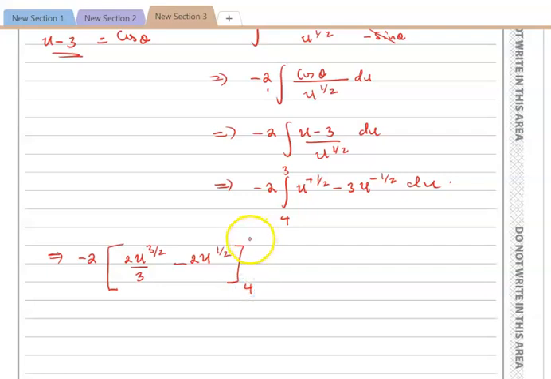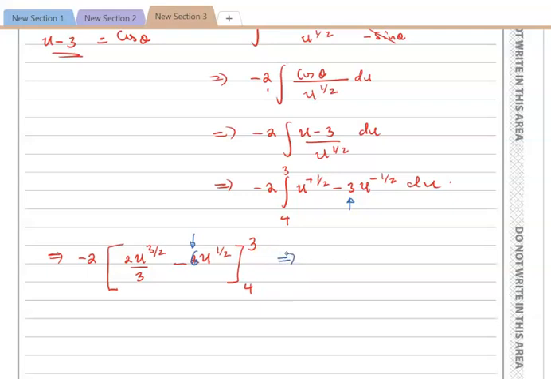Now, for simplicity, what I'll do, I will just open the brackets. There's a mistake here. I forgot the 3 over here, so it should be a 3 here. That means it's supposed to be 6. All right. To make it simpler, I will open the bracket and bring my 2 inside.